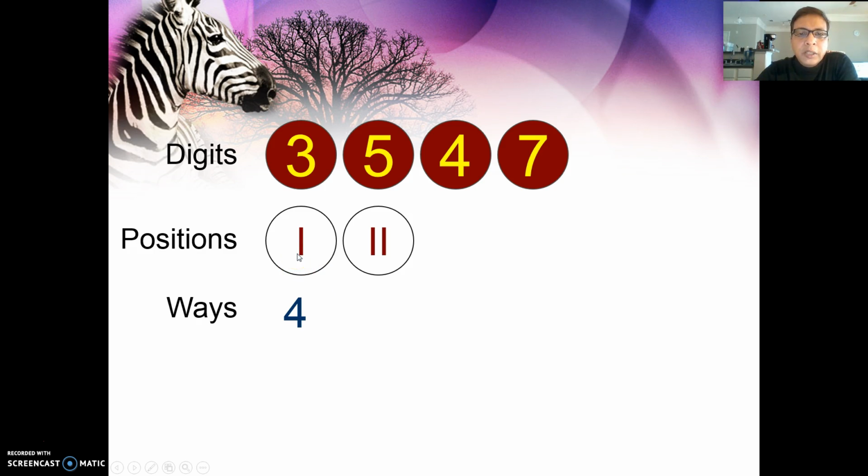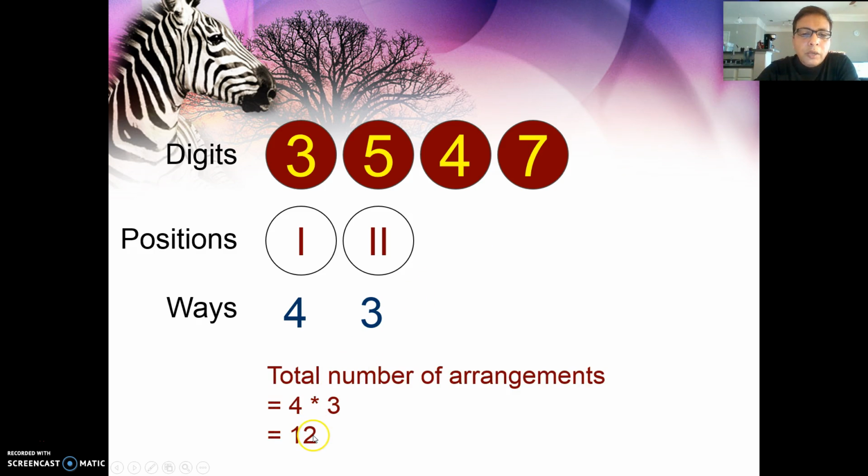The first position can be filled up by any of these numbers, so the number of choices for the first position is 4. Once I put the first number, 3 numbers remain to fill the second position, so the second position can be filled up in 3 ways. So the answer is 4 into 3 equals 12. We have got the correct answer without complete enumeration.